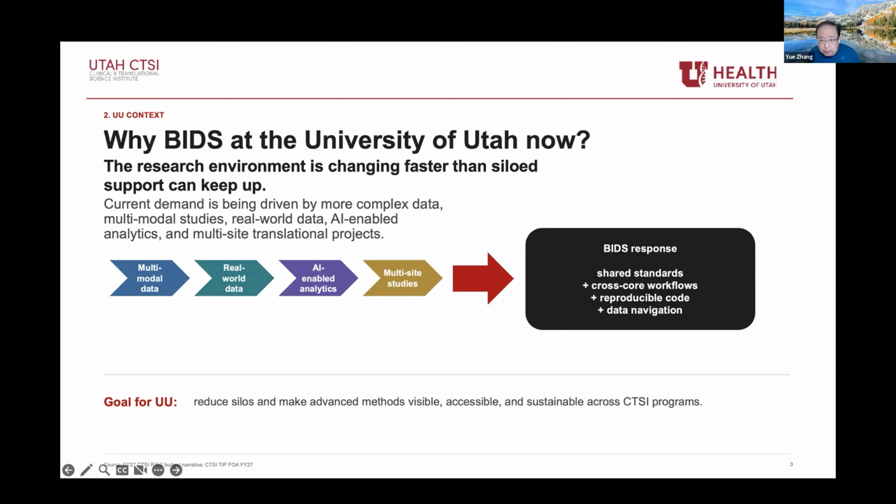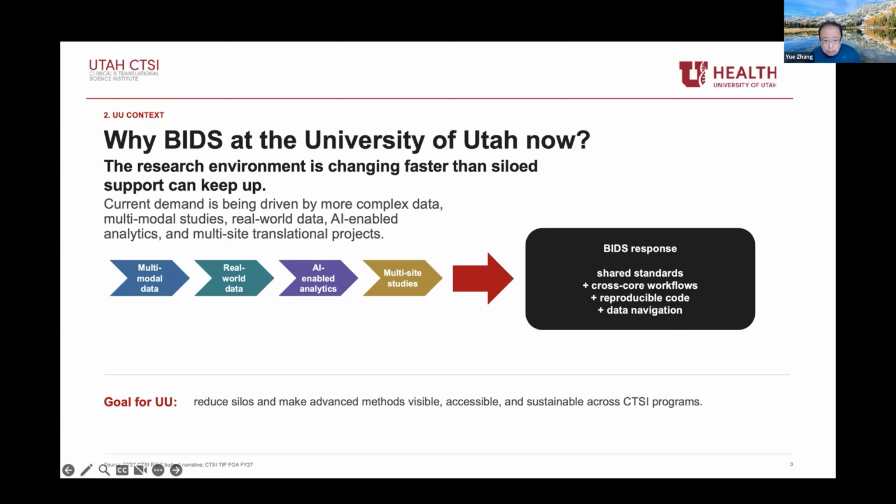BIDS is very important because the research environment is changing very quickly, and many projects are no longer based on one clean data set or one straightforward analysis plan. Investigators are often working with multimodal data, real-world clinical data, imaging, omics, EHR derived variables, digital health data, and also increasingly, AI enabled analytics.